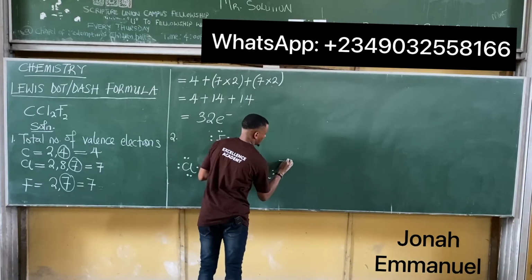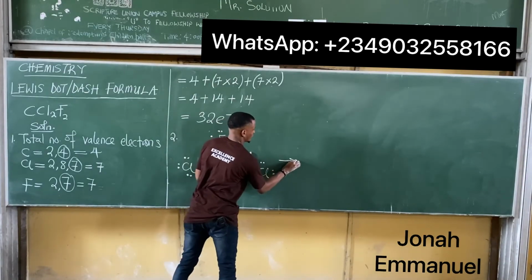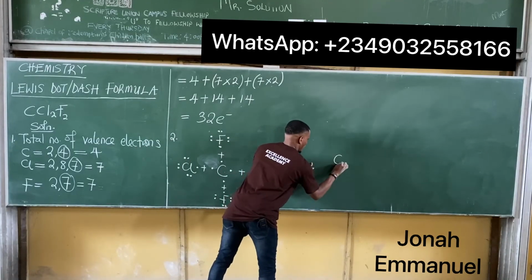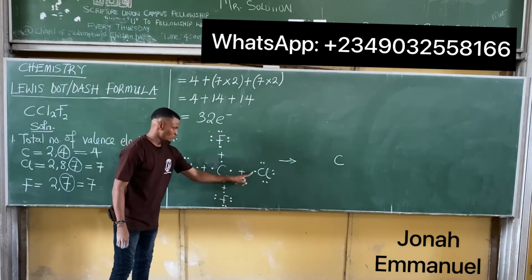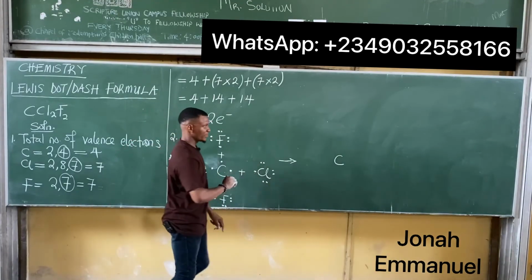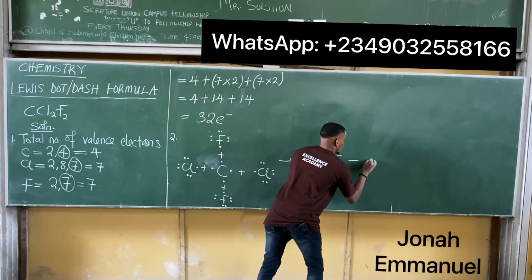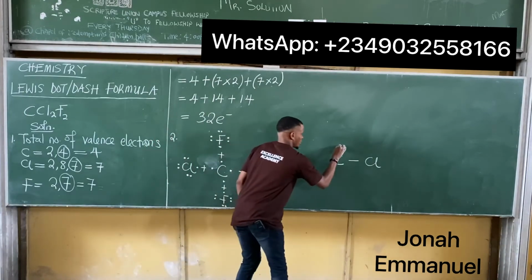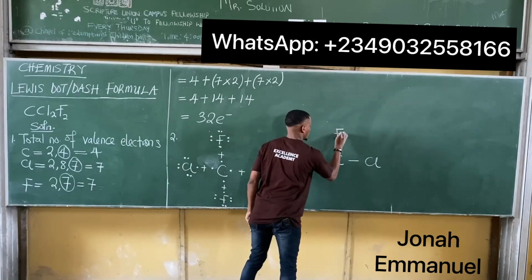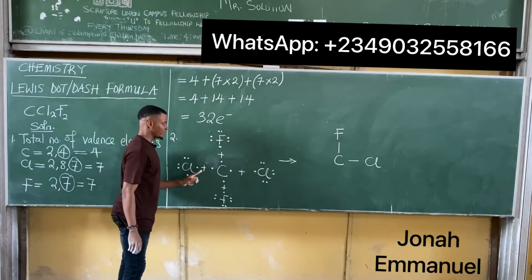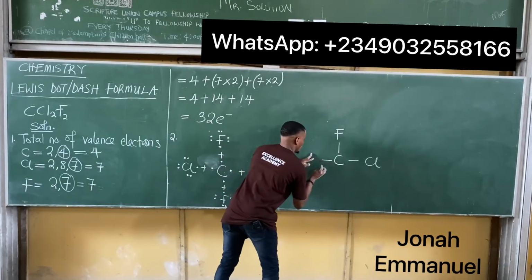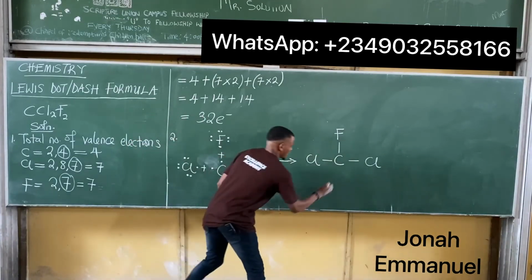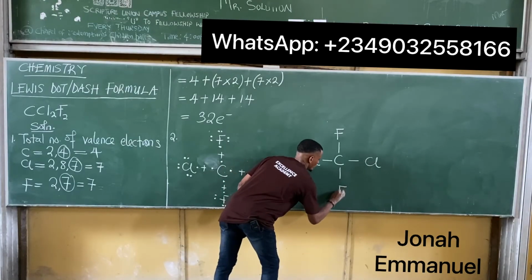Carbon at the center. Just going straight to the final answer, these two will form a bonding pair, which now becomes a dash to chlorine. These two form a bonding pair that becomes a dash to fluorine.